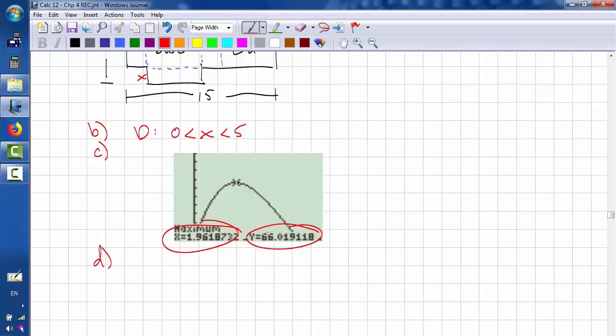Part D, we're going to find the critical points and do it algebraically. So the volume derivative is 2 times 3x squared minus 25 times 2x plus 75. Let's simplify this. This is 6x squared minus 50x plus 75. This is not going to factor nicely, so we'll just use the quadratic formula.